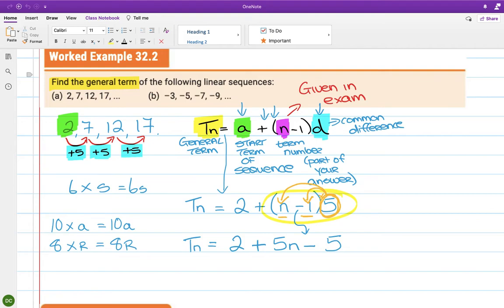The last part here, what we need to do is recognize that because we're using algebra and we have letters involved, we have different families. If we look here, this 5n is obviously a number and a letter.